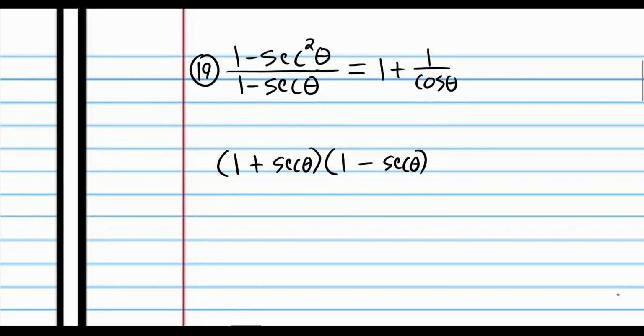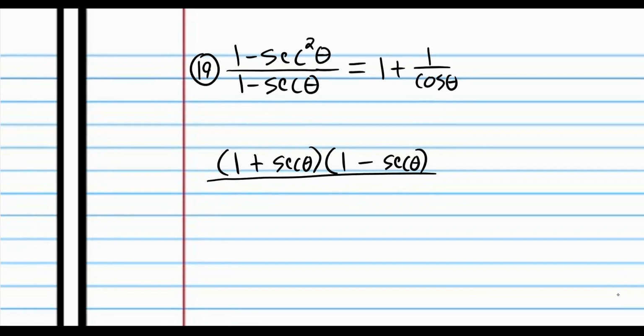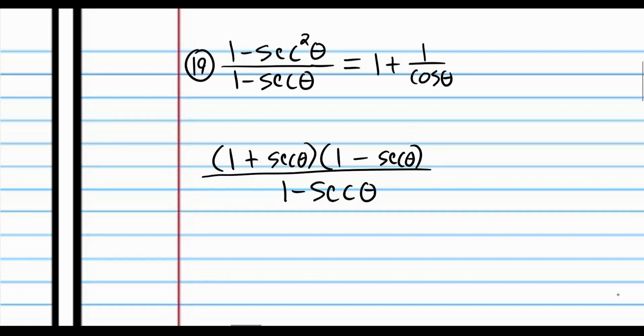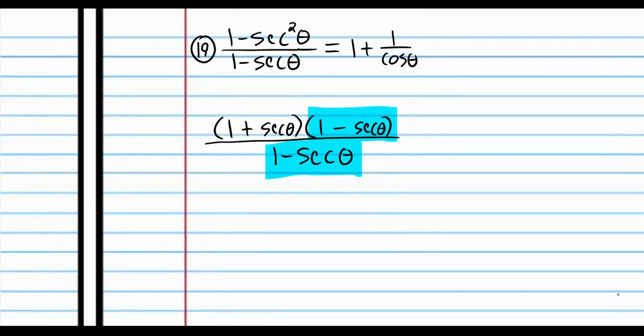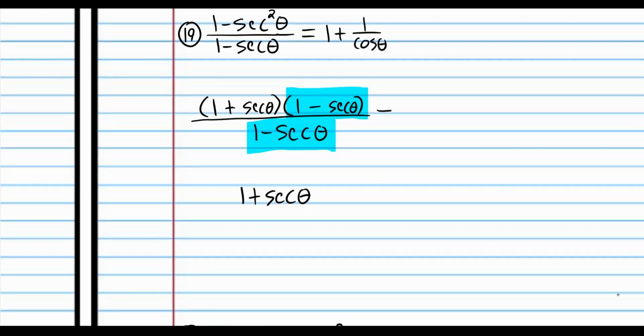And it doesn't matter which side. We can switch the order of the signs. It doesn't matter. So now you see that 1 minus secant theta is a factor of the numerator and the denominator, so we're left with 1 plus secant theta. And if we just go one step further and not factor, but just use a reciprocal identity, we have our final expression, and there you go.